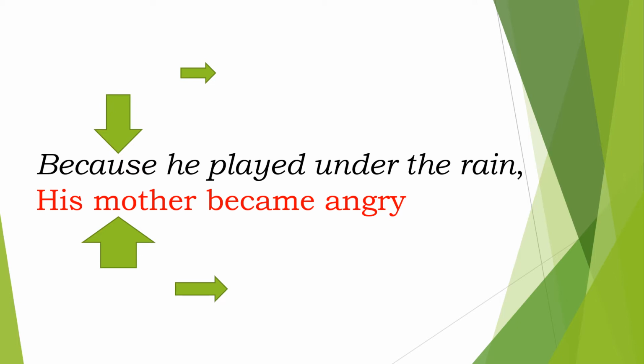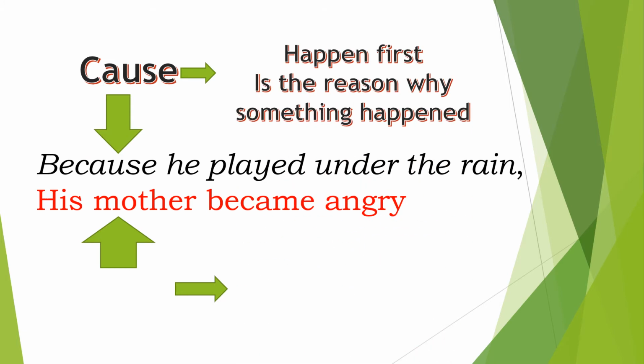Let us read the sentence. Because he played under the rain, his mother became angry. If you notice, we have two scenarios or two events. The first is because he played under the rain, and the second is his mother became angry. Because he played under the rain, we call it cause because it happened first and is the reason why something happened.